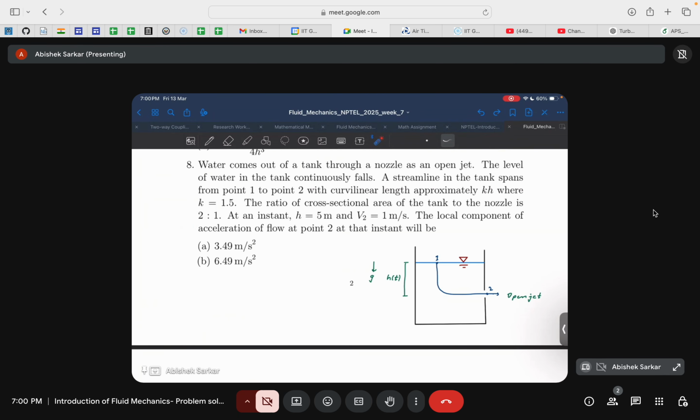In that case, we take a very important approximation. Let us see what. For this kind of problems, I think this was also discussed in the class. Let me go back to the solution.